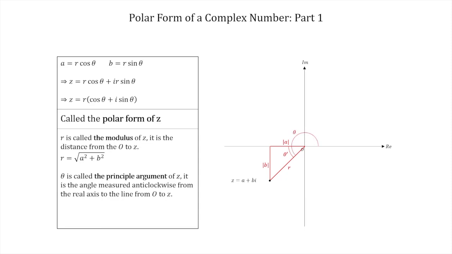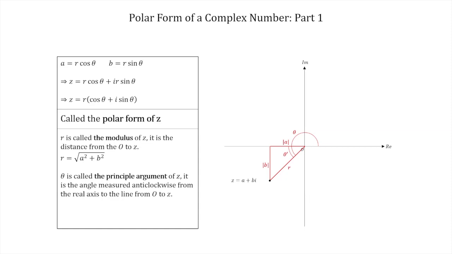So theta is actually this whole angle here. We go from the real axis, the positive side, around until we get to this line going to Z from the origin. So that's theta. But we can't really use trigonometry to find theta. So what we'd have to do is use the trigonometry to find theta prime, which we can do because that's inside this right angle triangle. And then we note that theta prime is just theta plus pi, right?